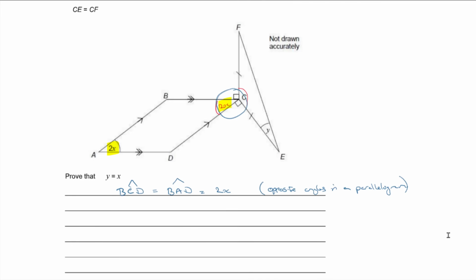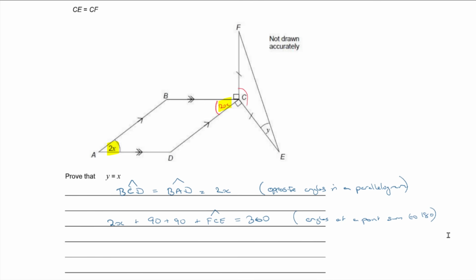So I can say that 2x plus the 290 degrees plus my angle FCE equals 360, and that's because angles at a point sum to 360.